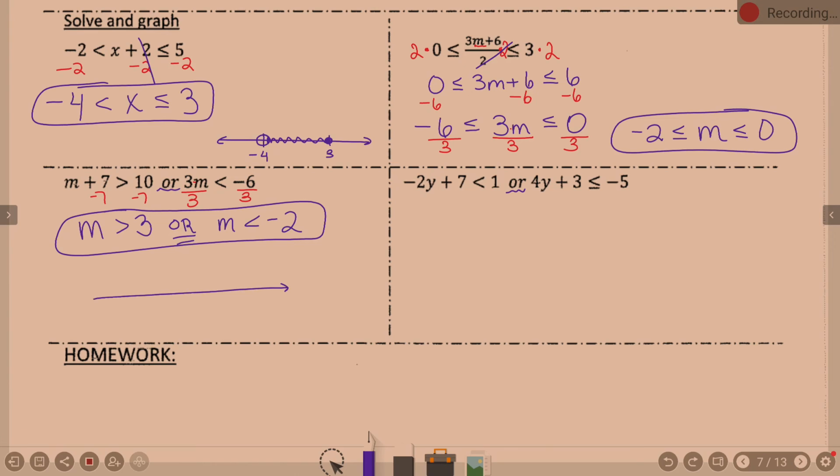And again, just realize, I'm not getting fancy here, but m greater than 3, notice on an or statement that graph goes out. M less than negative 2, on an or statement, that graph goes out. Okay? So or statements go out, and statements are in the middle.